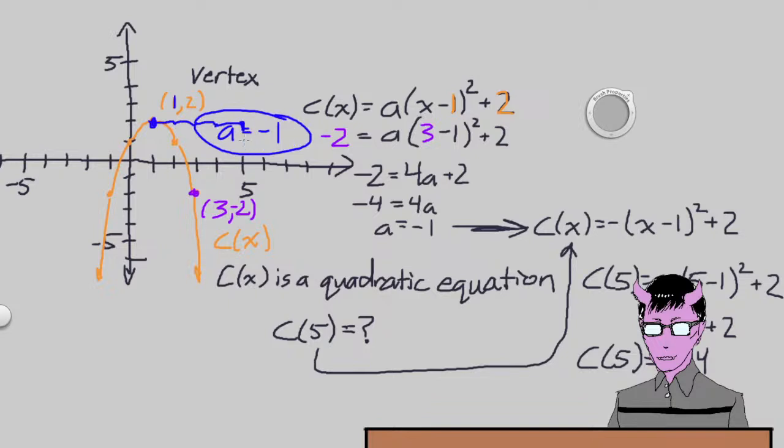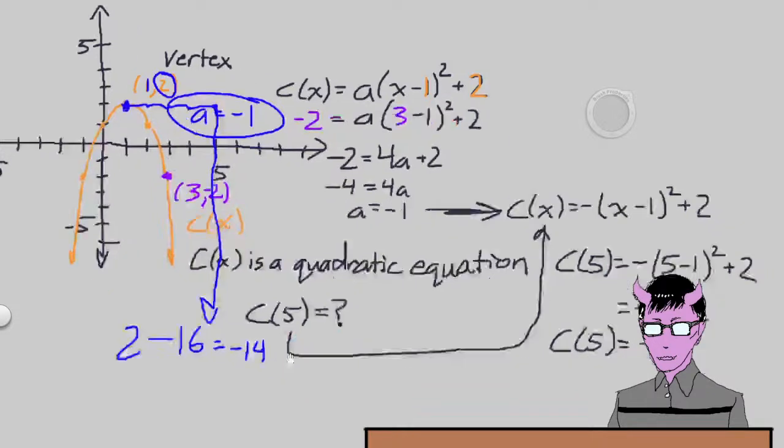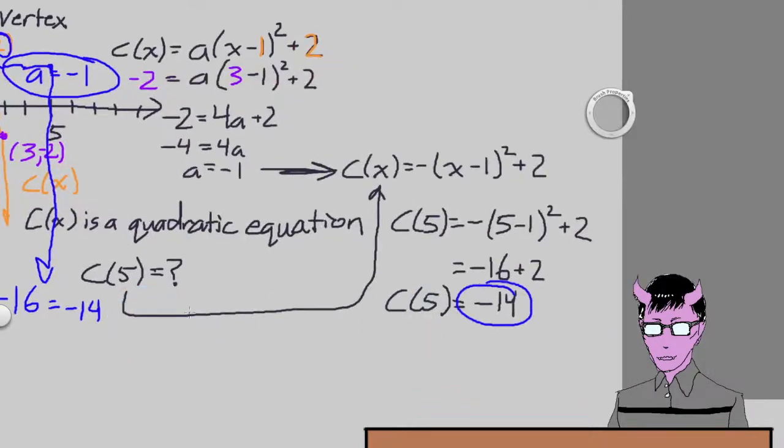Because this is a negative 1 movement, the standard movement is 4 squared, which would take us upwards by 16 spaces, but because it's a negative 1 modification, we go downwards 16 spaces. So minus 16 spaces downwards from the current y height, which is 2. So 2 minus 16 is going to be negative 14. As you see, that takes us directly to this answer right there.